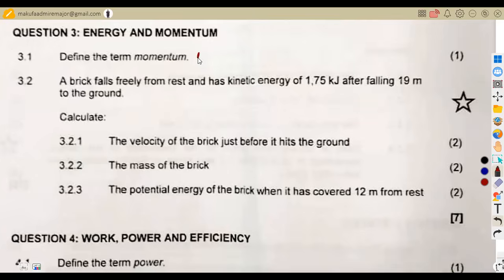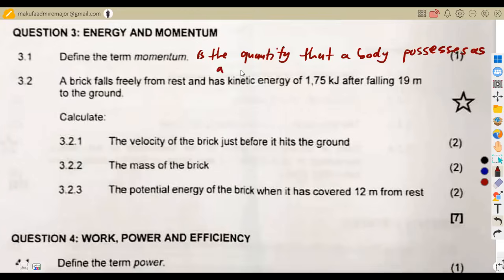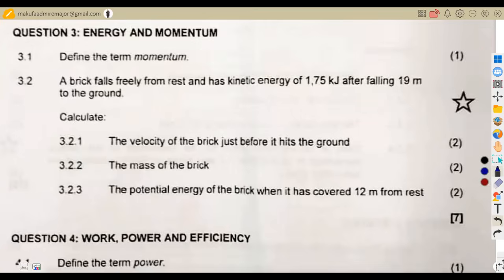So here we are simply referring to say it is the quantity that a body possesses as a result of its motion. So that is what we have on the momentum there, whereby we are referring to the momentum as the product of mass times what? Mass times velocity in this case. So that was our definition, straightforward.